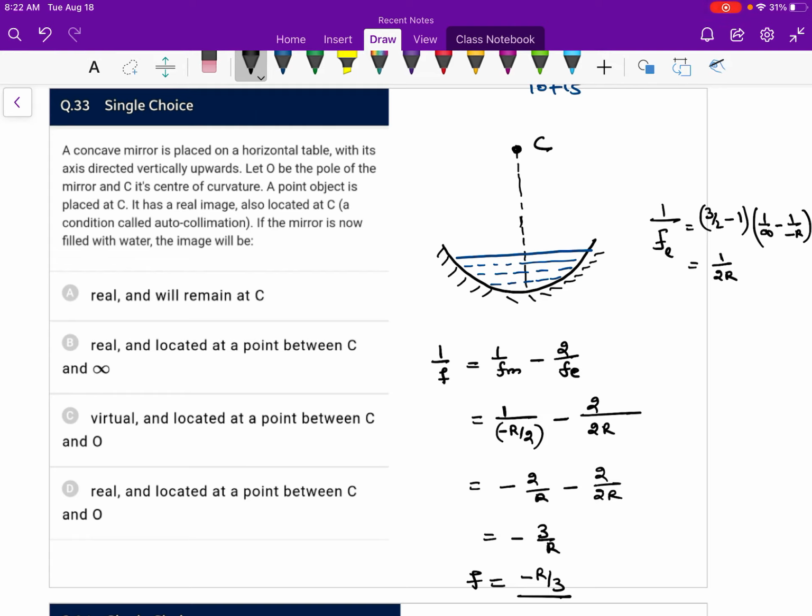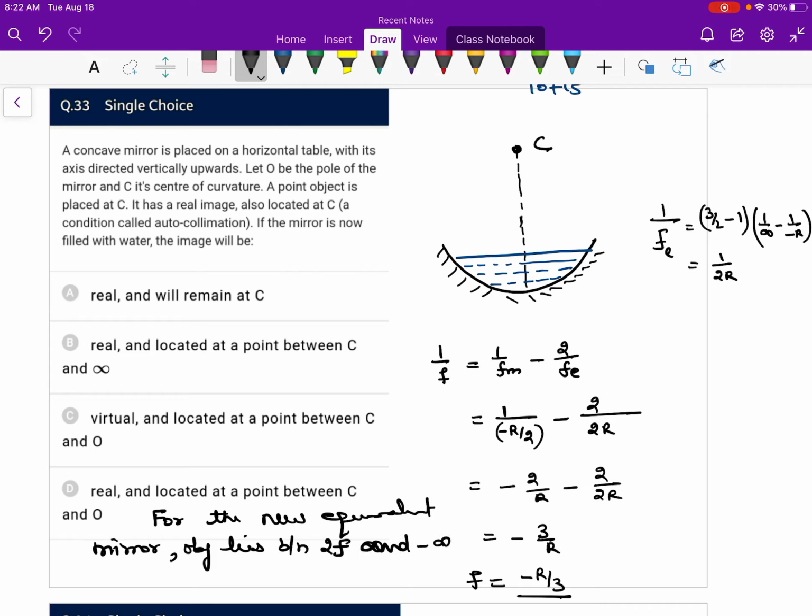That means for the new equivalent mirror, the object lies between 2f and minus infinity, so the image will form between f and 2f. Real and will remain at C?